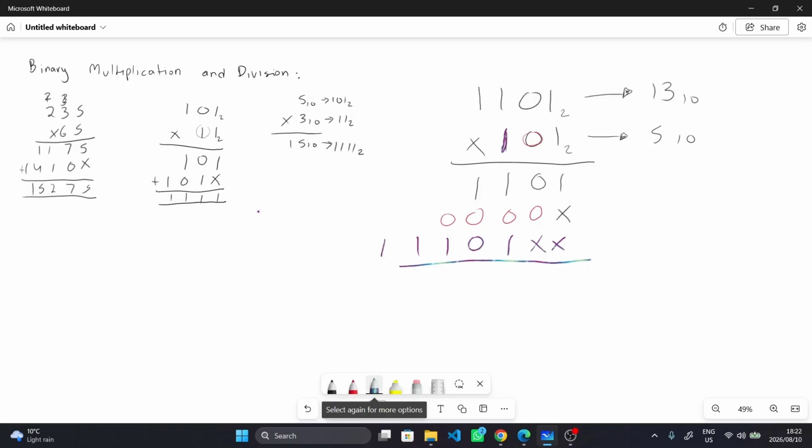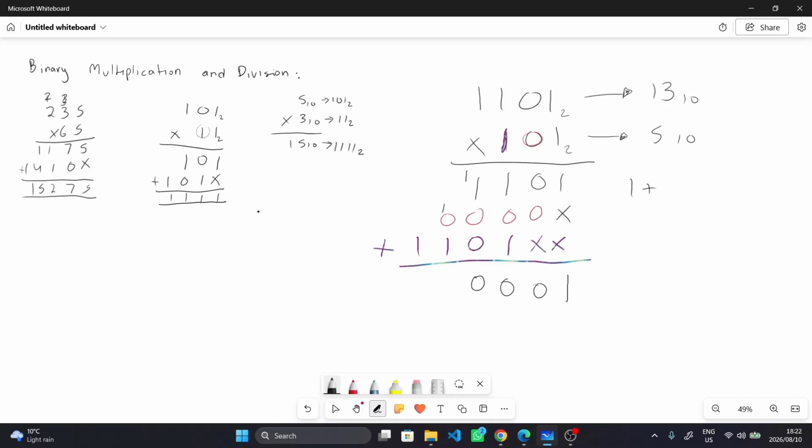And then we perform addition for all of this. And if we add, we'll have 1 plus nothing, that will be 1. And then if we move down this line, which is 0 plus 0 is 0, then here we have 1 plus 0 plus 1, which is going to be, if you remember from addition, 0 carry 1. Then here we'll have 1 plus 1 plus 0 plus 0, and that will again give us 0 carry 1.